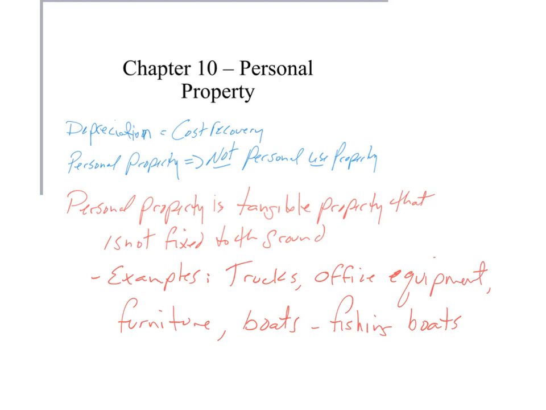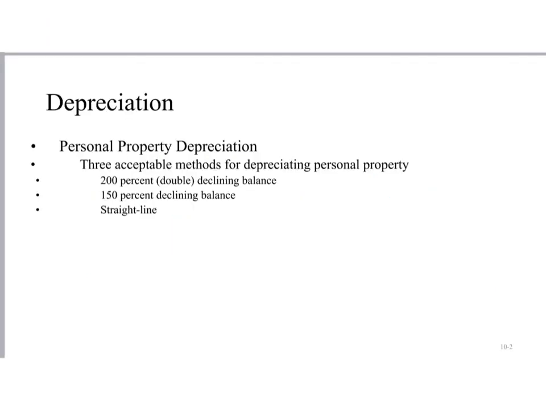So what I'm going to do with this section of the Chapter 10 PowerPoint is talk to you about how to calculate depreciation for personal property, okay? And with personal property, you do not have a lot of options from a tax perspective.